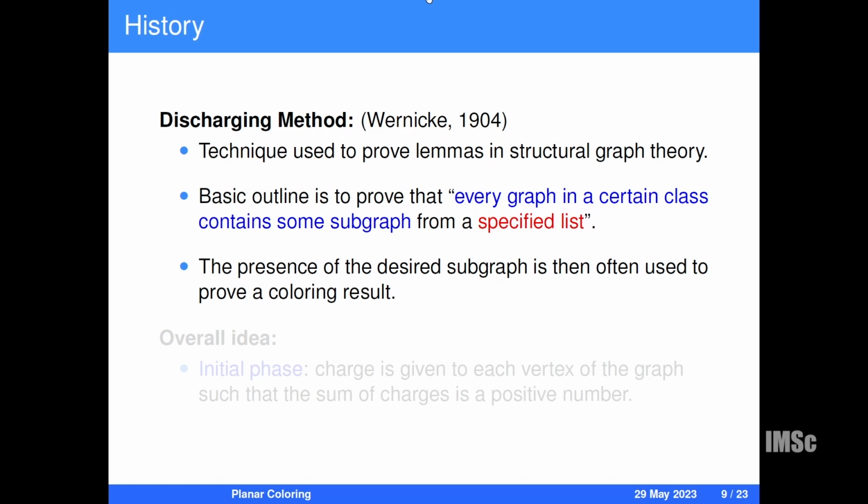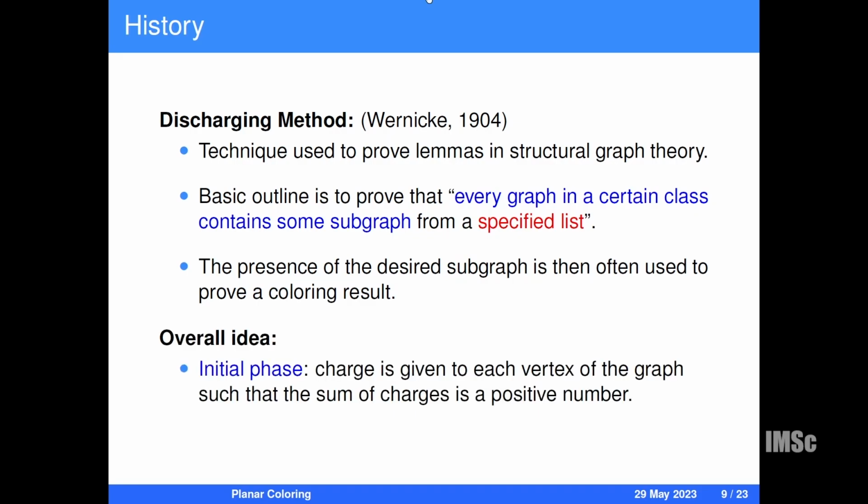You need to come up with a specified list of subgraphs, and you want every graph that satisfies some property to contain a subgraph from this list. That's the basic outline, and the presence of this subgraph is often used to prove the results.